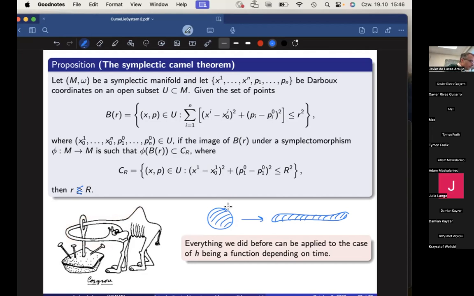Can I put a ball into a sausage as thin as I want? And the answer is no. If the radius here is r, the radius of the cylinder must always be bigger than r. So the camel cannot go through the needle. This was the original result, but there are lots of results about what Hamiltonian morphisms can do.